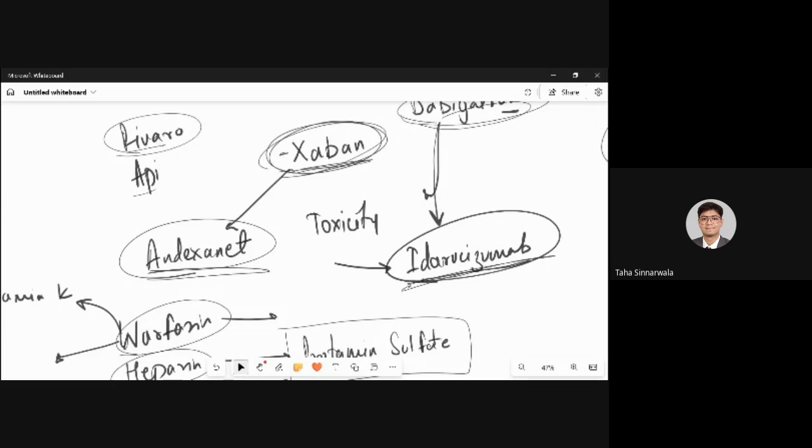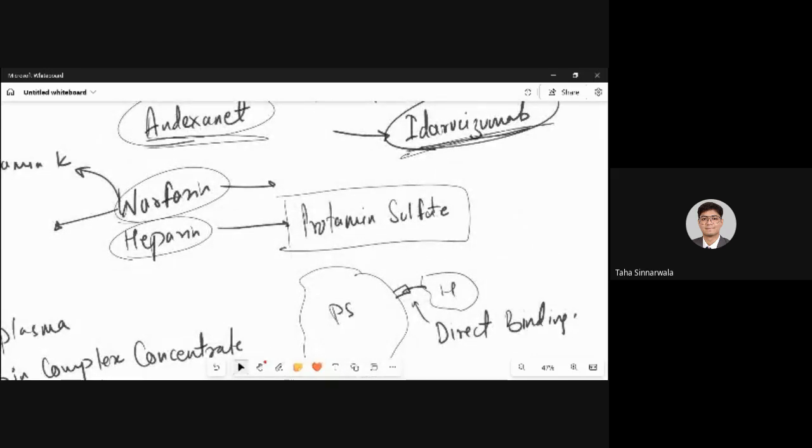And the same with idarucizumab. They'll have cellular effects to prevent the toxicity. The one mechanism you do need to remember is with heparin and protamine sulfate. And this is basically a fusion. So correct me if I'm wrong, but I believe protamine sulfate is positively charged and heparin is negatively charged.